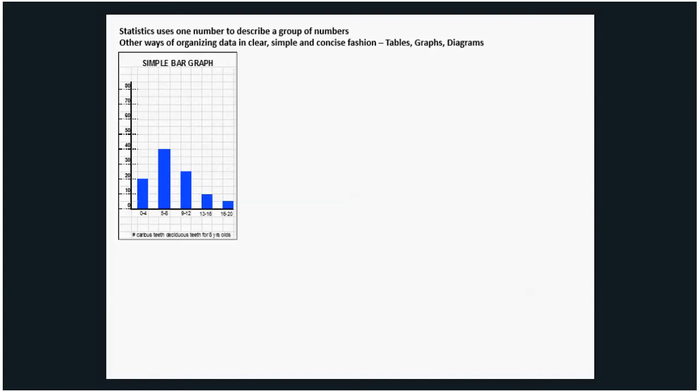And then you look at the vertical axis on the left, and it's very easy to say, of the individuals that you looked at, say 20 of them had 0 to 4 caries teeth. We can see 40 had 5 to 8 caries teeth. 9 to 12 caries teeth, we had probably 25. 13 to 16 caries teeth, 10 of those children fell into that category, and 16 to 20, maybe 5 of the children fell into that category.